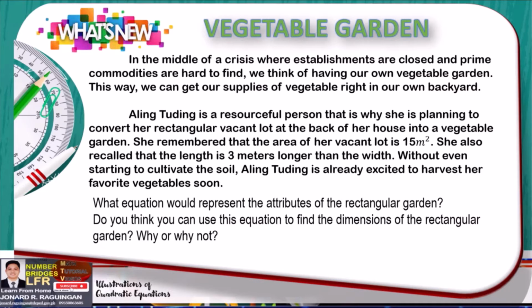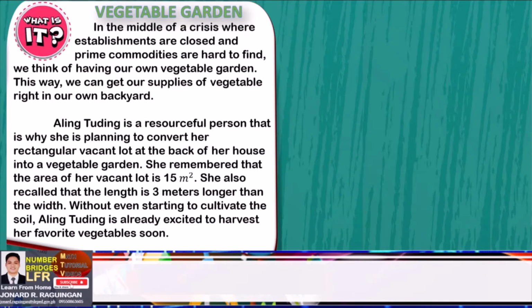Despite the crisis, we should be like Aling Tuding. We must make this crisis an opportunity to develop and strengthen ourselves. Let's investigate the measurement of Aling Tuding's vegetable garden. First, let us identify and represent the unknowns in the problem.